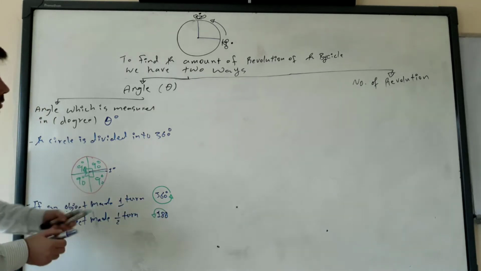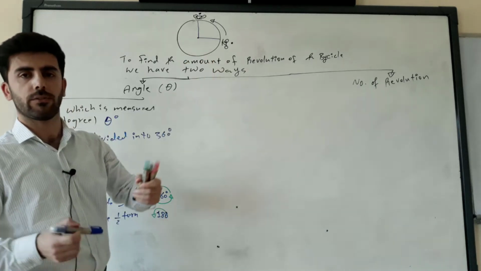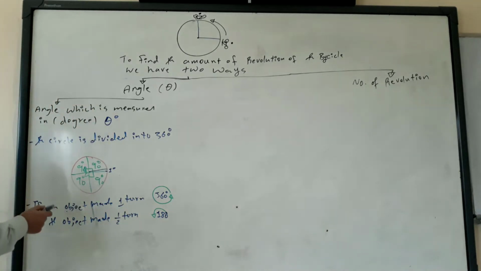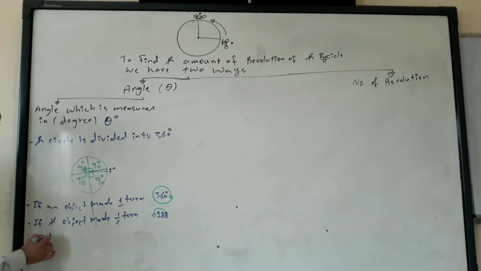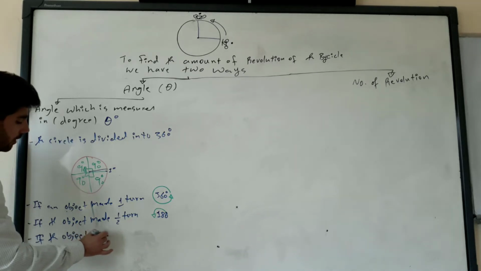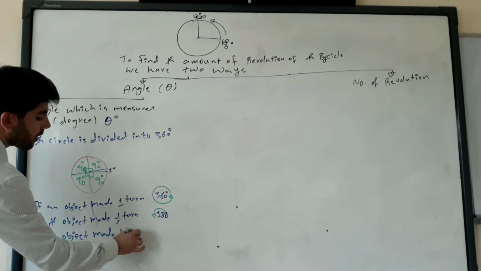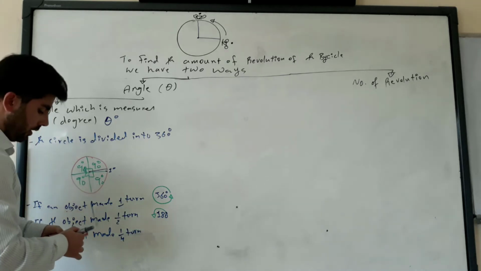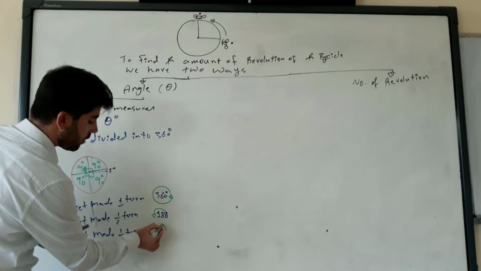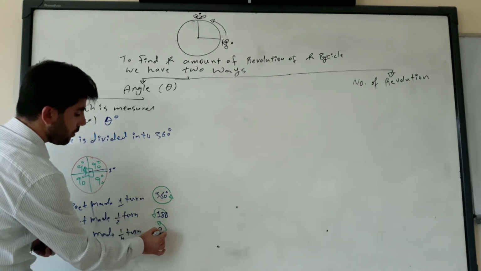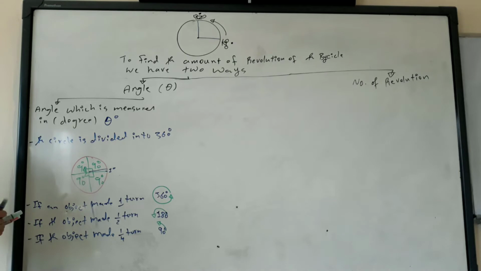And if I ask you how much the bicycle here has revolved, if you tell me the amount of revolution of the bicycle in degrees, you would say, if the object made a quarter of a turn, it's equal to 90 degrees, okay?